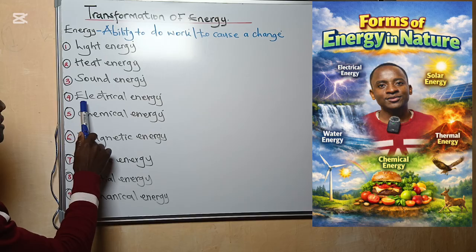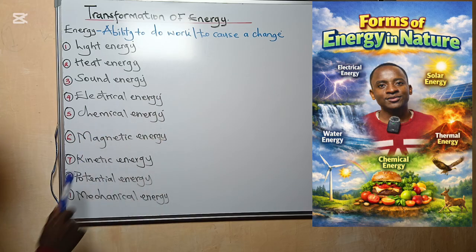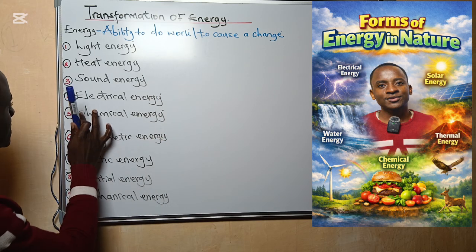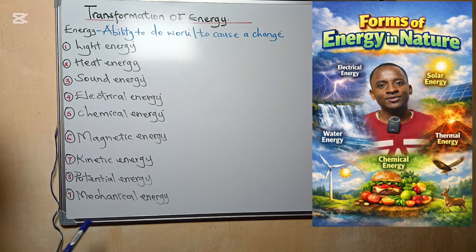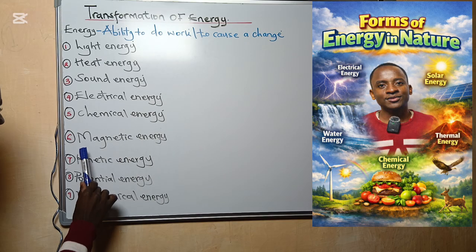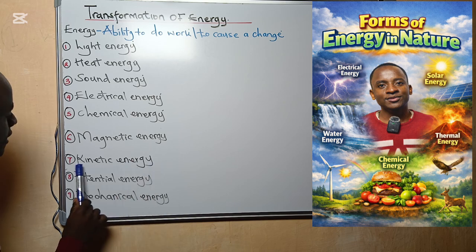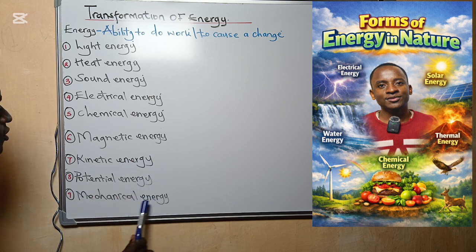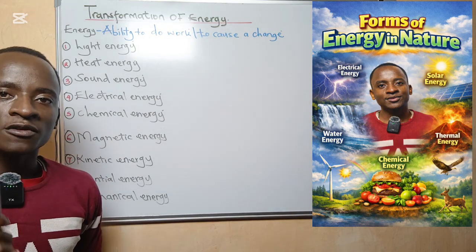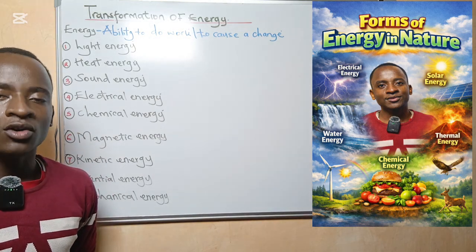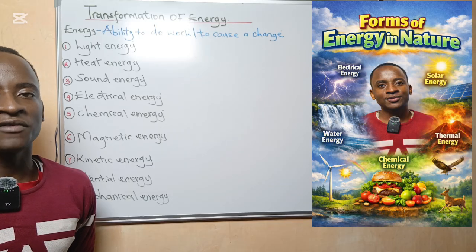The fourth one is electrical energy. The fifth one is chemical energy. The sixth one is magnetic energy. Then of course we also have kinetic energy, potential energy, and mechanical energy. These are the forms, or the types, of energy we have in nature.